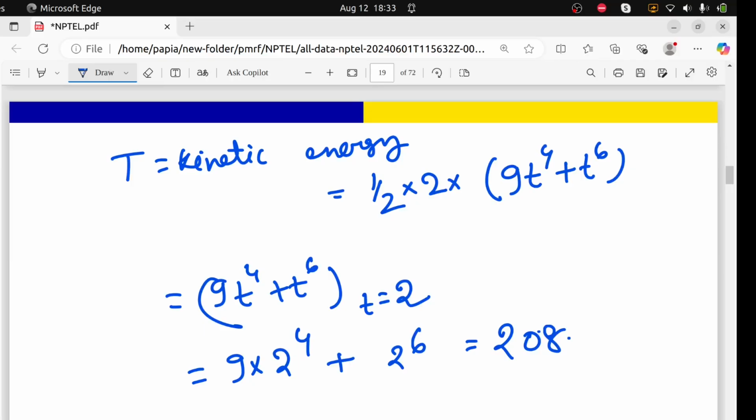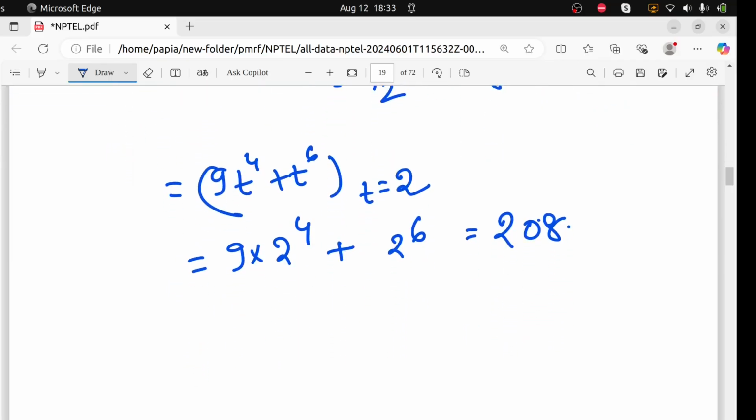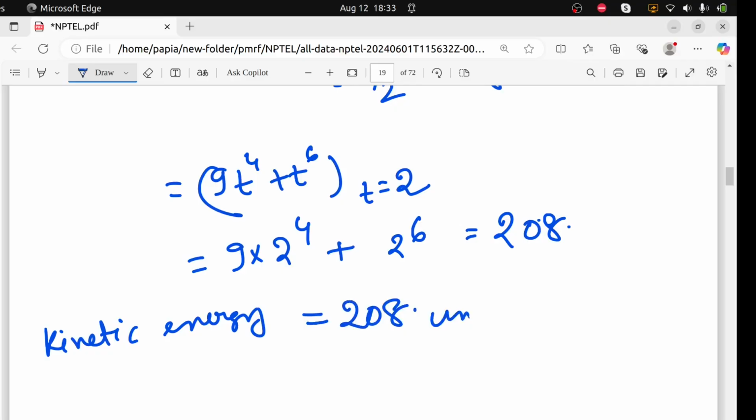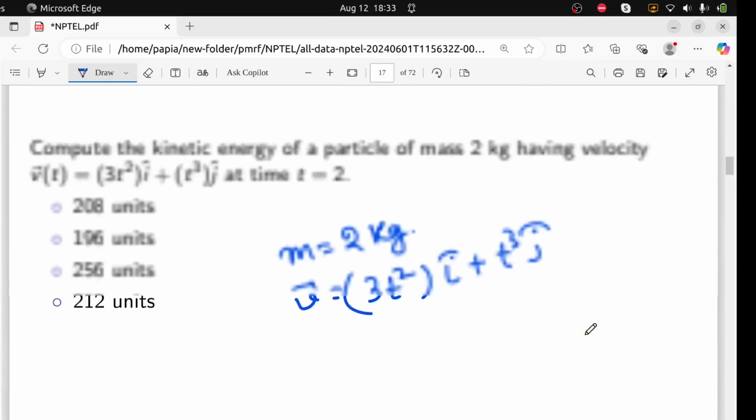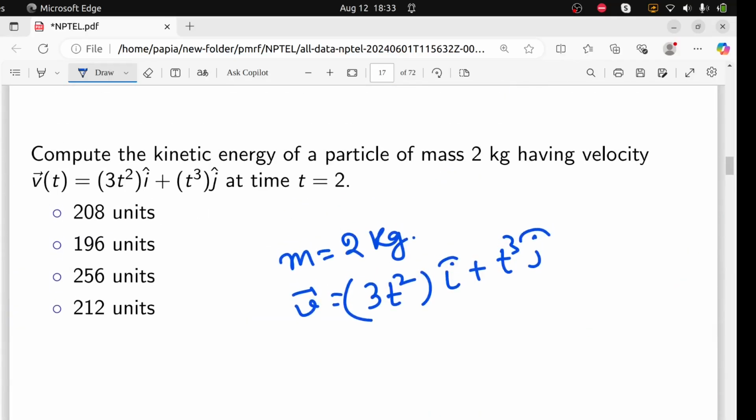So the kinetic energy of the particle is 208 units. Units basically is a unit, because it is given in kg. So you can see 208 units. That means the first one is the correct one.